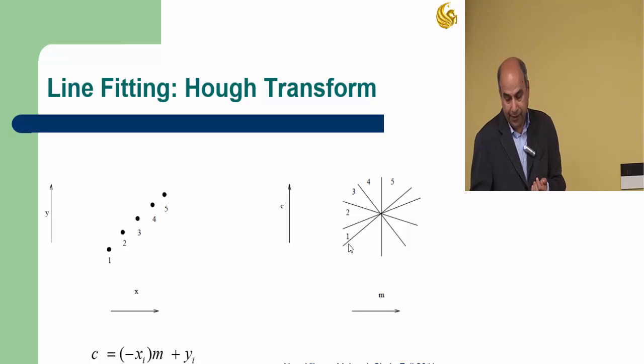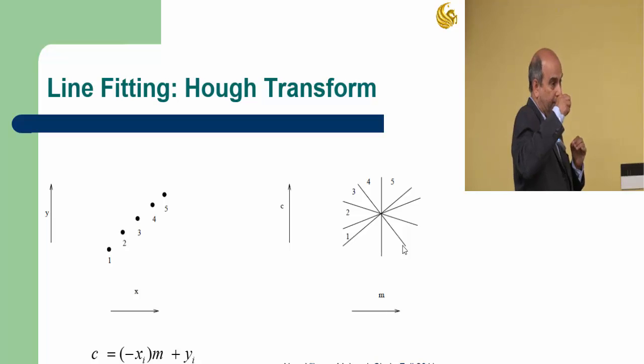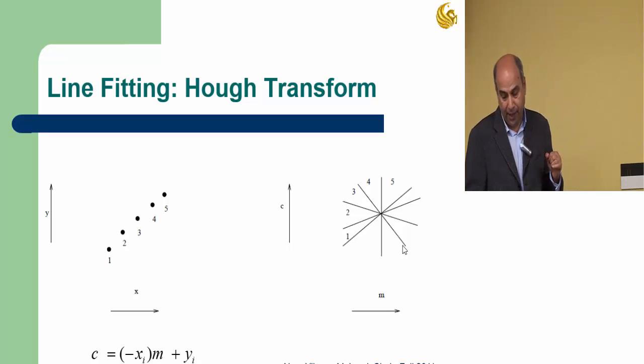Then we get the second point, and this also has lots of possible intercepts and slopes. But then they agree on one, and that belongs to the slope and intercept of the line here. So that is what we are doing.